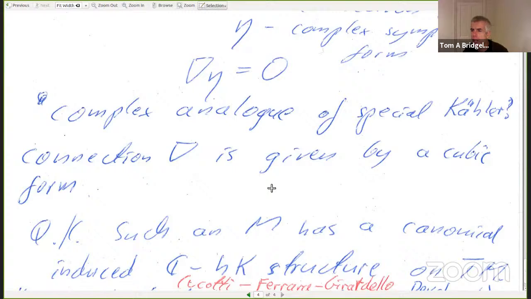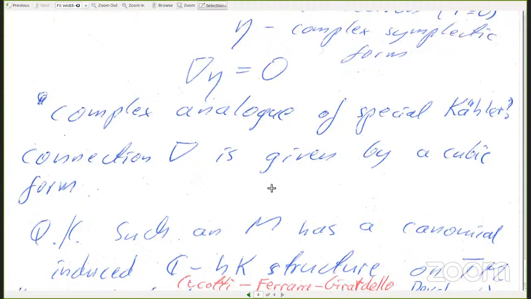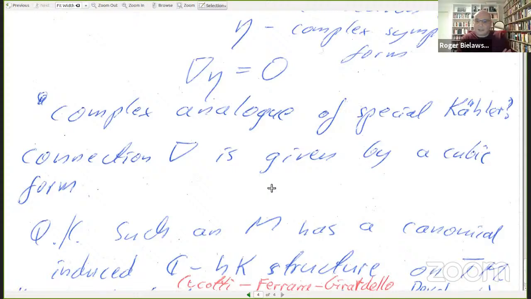Well, this one has the right dimension to be the complexification of what Bobby's talking about, I believe. Yeah, exactly. But it could happen that it has the wrong dimension, because all you need is that the complex dimension is even, but if you complexify a real hyperKähler, then the complex dimension should be divisible by 4, right?